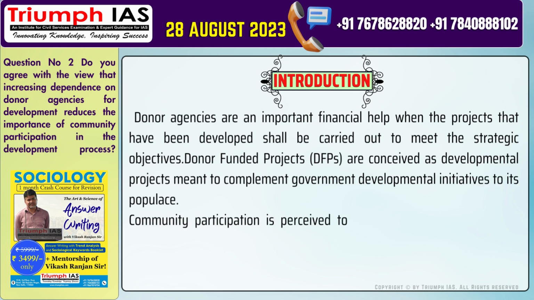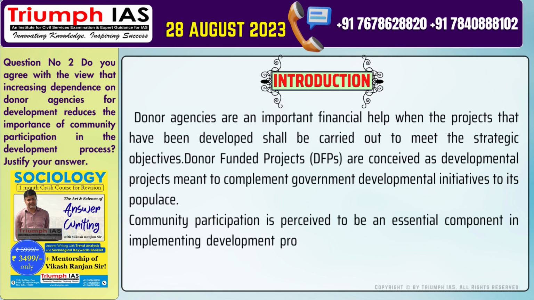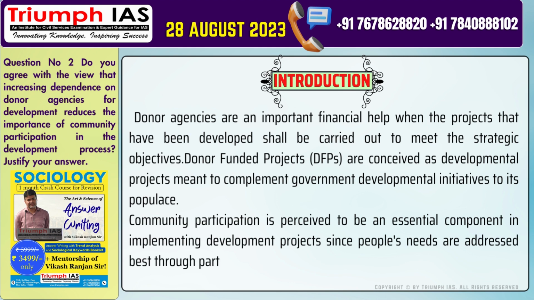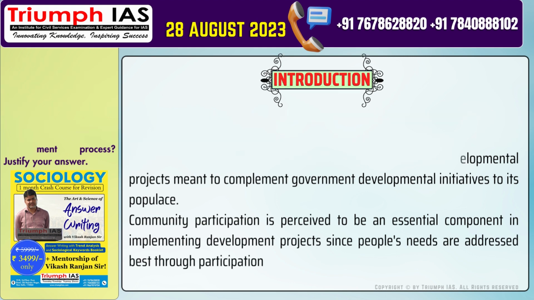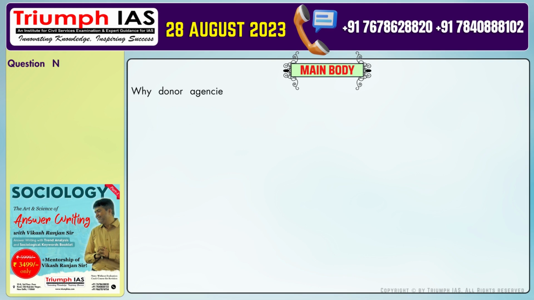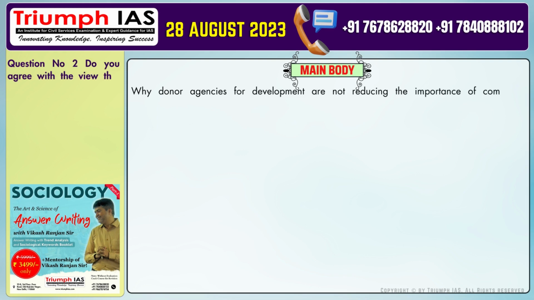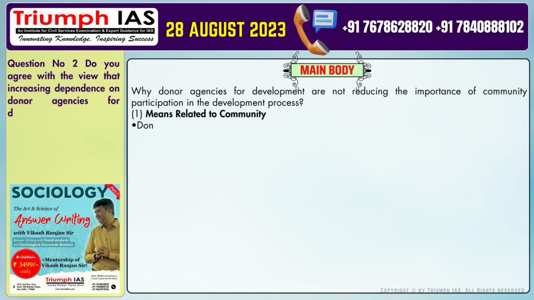Community participation is perceived to be an essential component in implementing development projects since people's needs are addressed best through participation. The main body of the answer should be: why donor agencies for development are not reducing the importance of community participation in the development process. Number 1, means related to community.